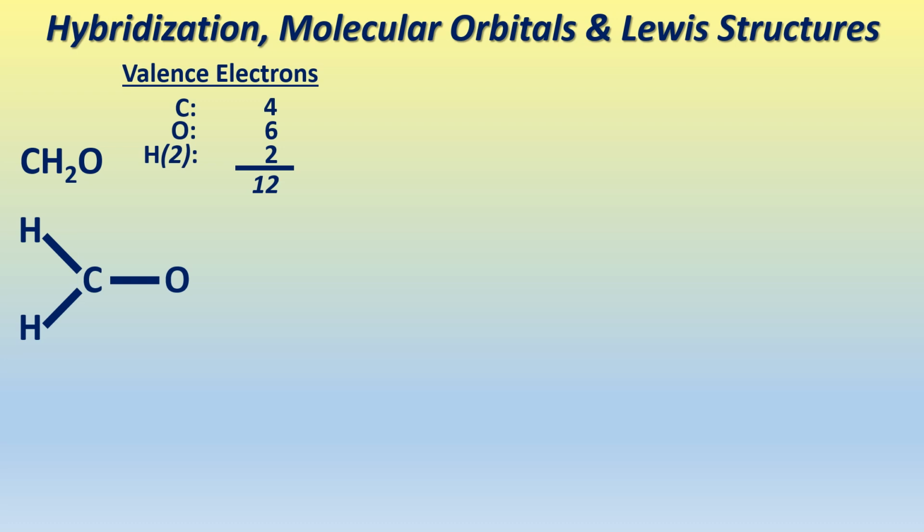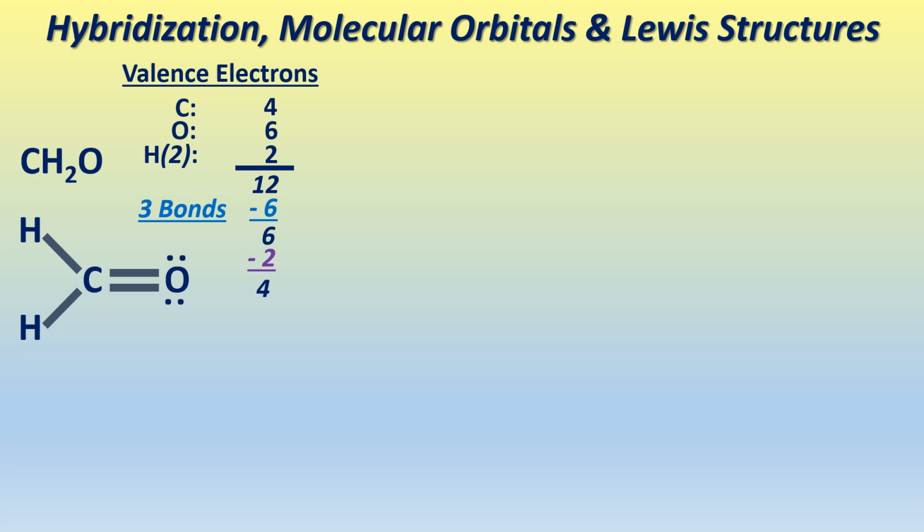Those 3 bonds use up 6 electrons, leaving 6. As drawn, carbon needs 2, oxygen still needs 6 to get an octet, so I need 8 electrons, but I only have 6. Therefore, an additional bond is necessitated, leaving 4 electrons, which will go to the oxygen to complete the octet.